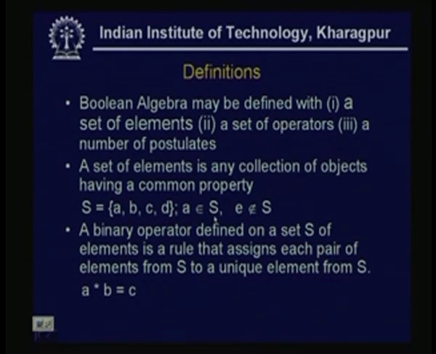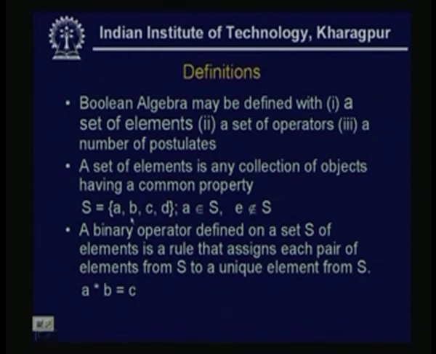So, A belongs to S, and E does not belong to S, because E is not in the set S. So, these A, B, C, D are my elements. A set of operators: a binary operator defined on a set S of elements is a rule that assigns each pair of elements from S to a unique element from S.